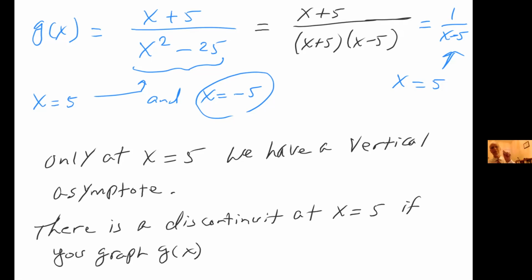But that discontinuity is so very small that it is impossible to see it on a calculator or even a huge screen. So when we graph things by hand, we show that. Let's say the graph continues and there's a little hole there, and then the graph continues. Okay, let's do one more.